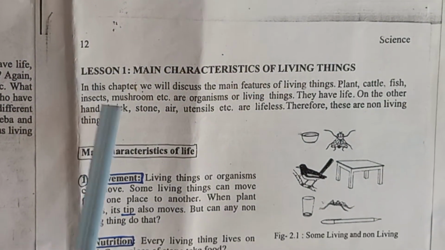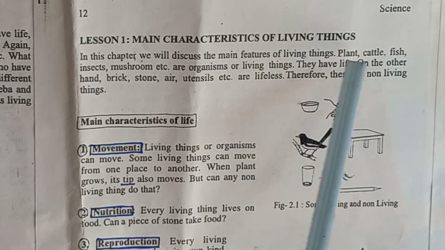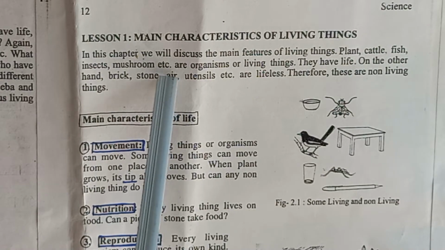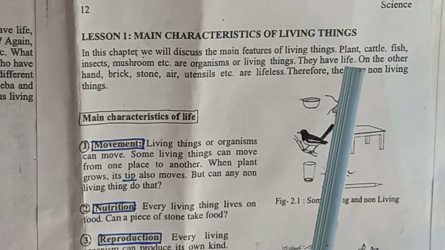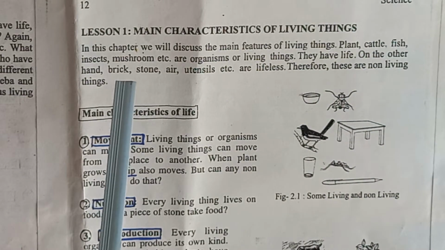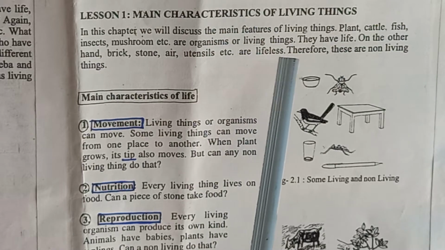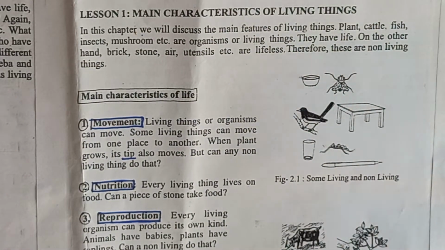And here is written, in this chapter we will discuss the main features of living things: plant, cattle, fish, insects, mushroom, etc. are organisms or living things. They have life. On the other hand, brick, stone, air, utensils, etc. are lifeless. Therefore, these are non-living things.